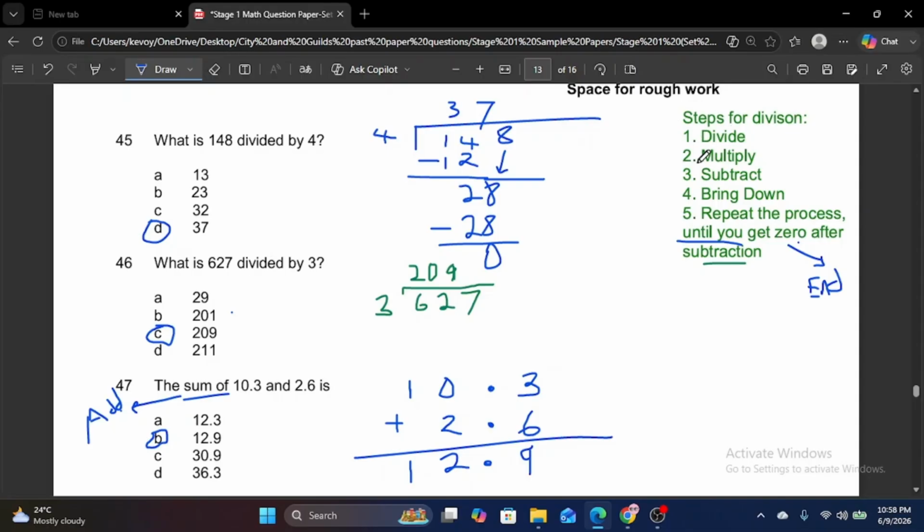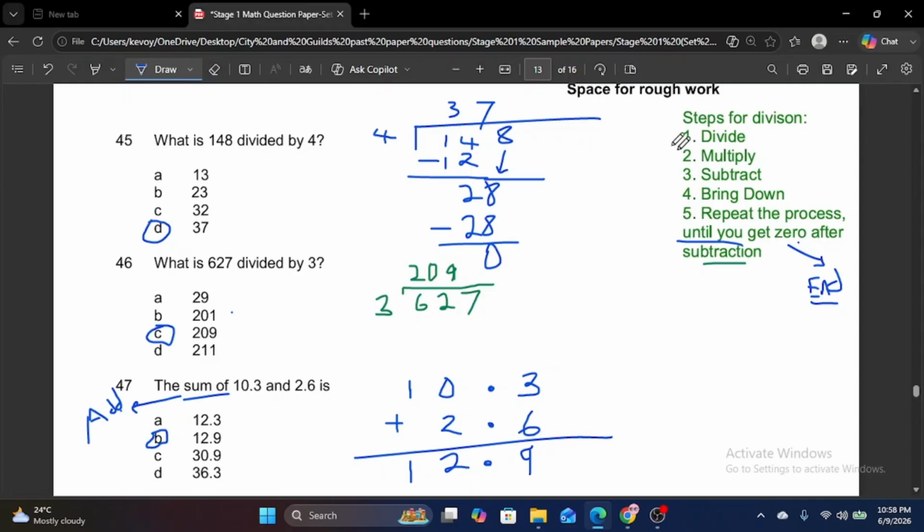That's divide, multiply, subtract, bring down, and you repeat the process until you get 0 after subtraction. If you get 0 after subtraction, that's where the process ends. Number 1, divide. Number 2, multiply. 3, subtract. 4, bring down. And 5 is to repeat the process.